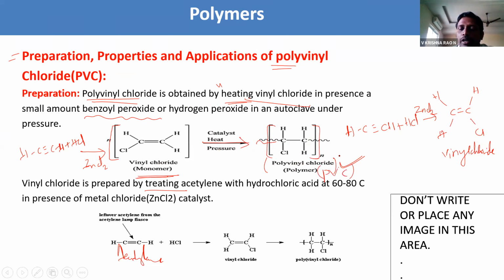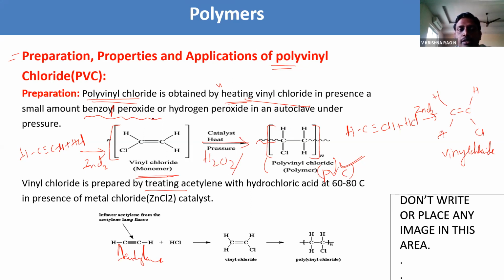Benzyl peroxide or hydrogen peroxide in an autoclave under pressure gives polyvinyl chloride.